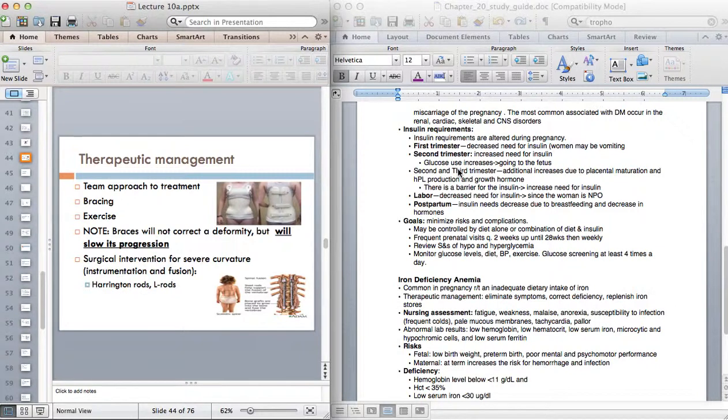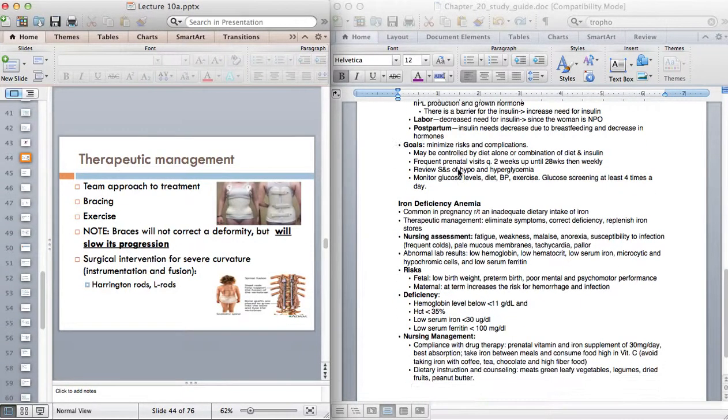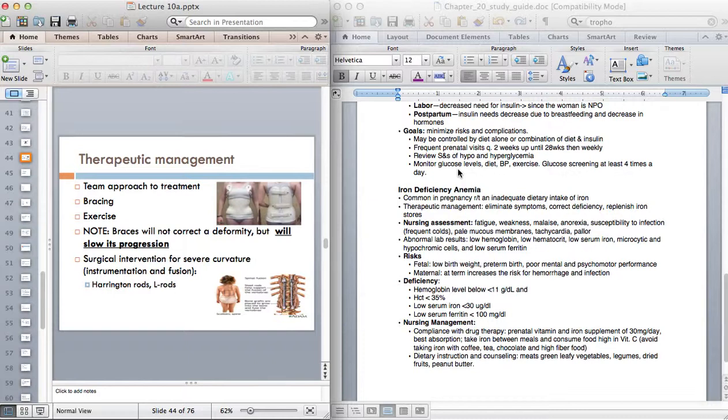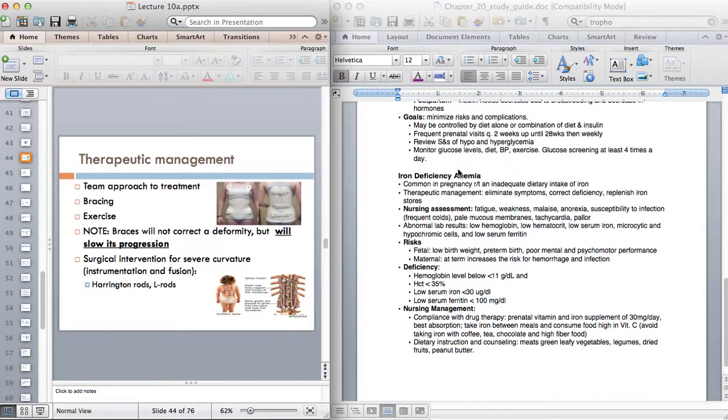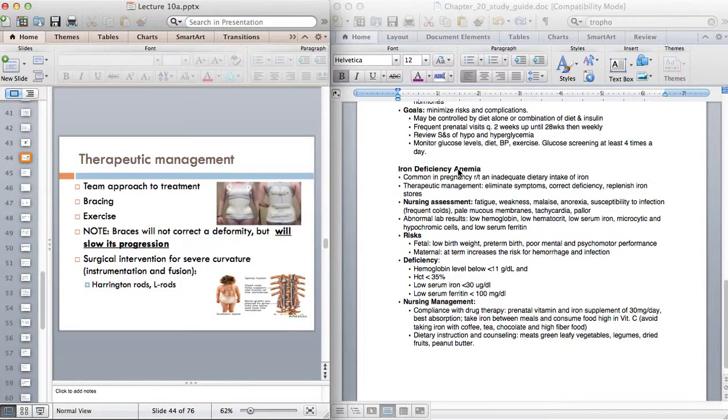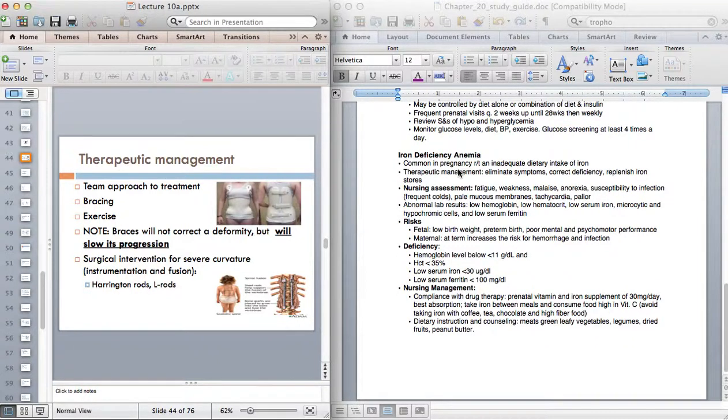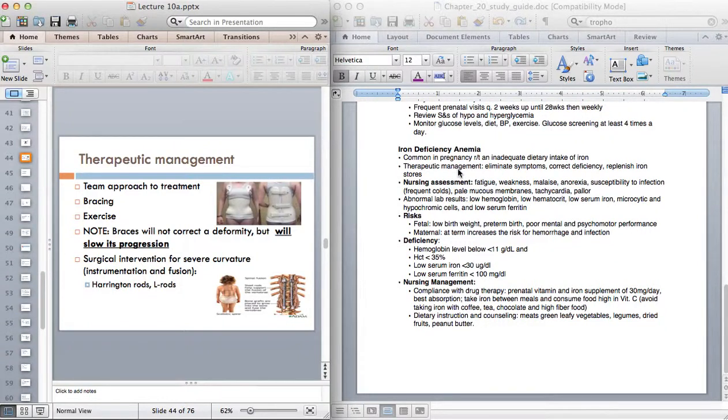They just maintain it, to stop it from progressing, to stop it from getting worse, but it will not correct it.